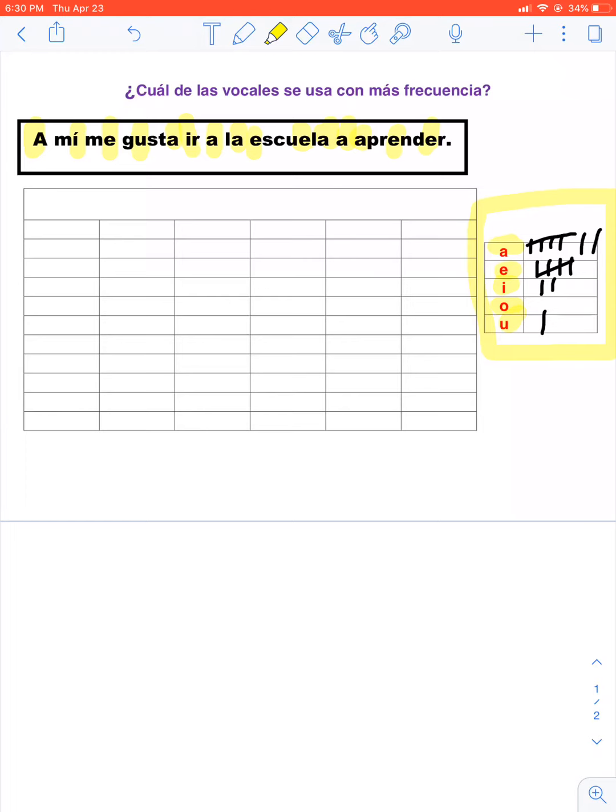What would be a good title for this bar graph? Think about it. Okay, right. The main idea is las vocales, right? All right, so we'll come up here. Las vocales.